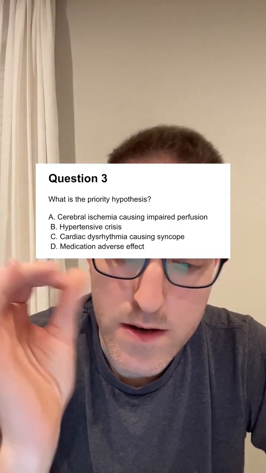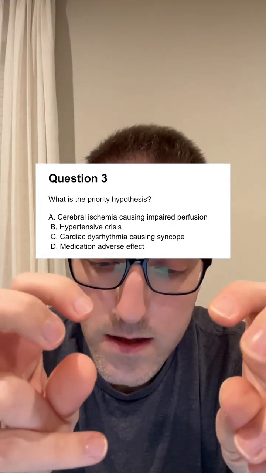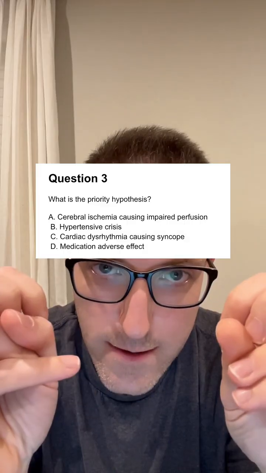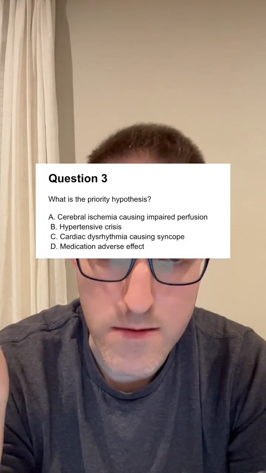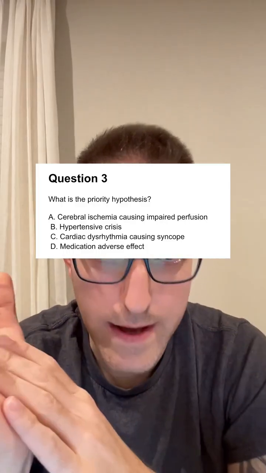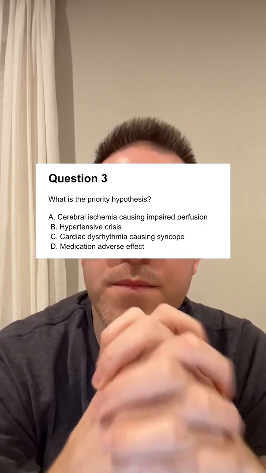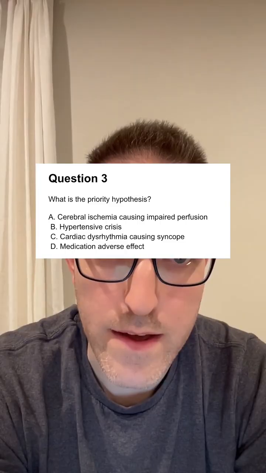So next gen wants the what-kills-neurons-fastest answer. High BP won't kill brain cells in minutes. Ischemia will. That is why our answer here is A.